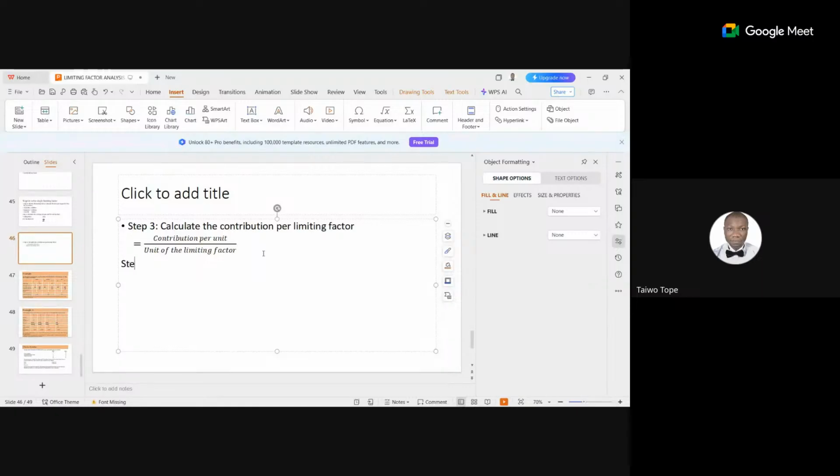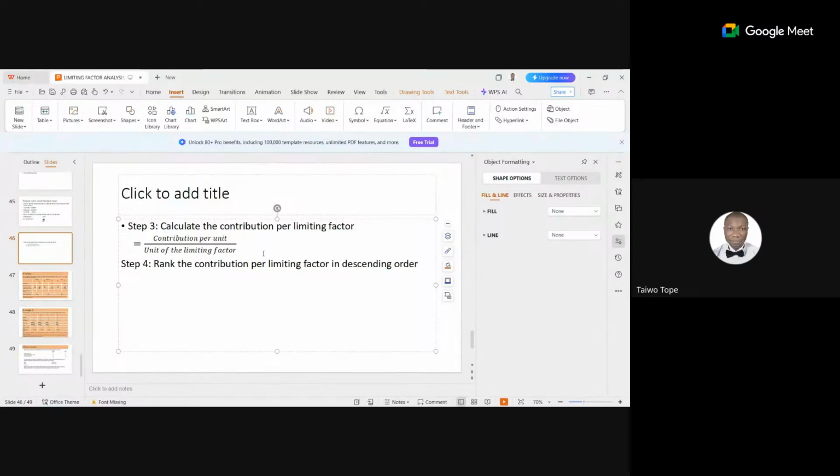Step 4: rank the contribution per limiting factor in descending order. I believe we know descending order.